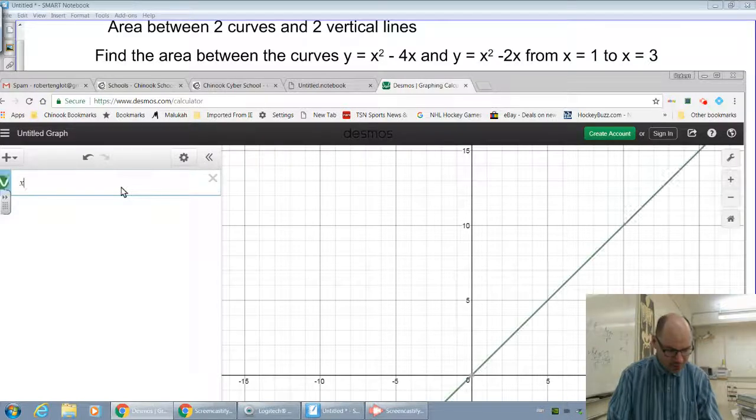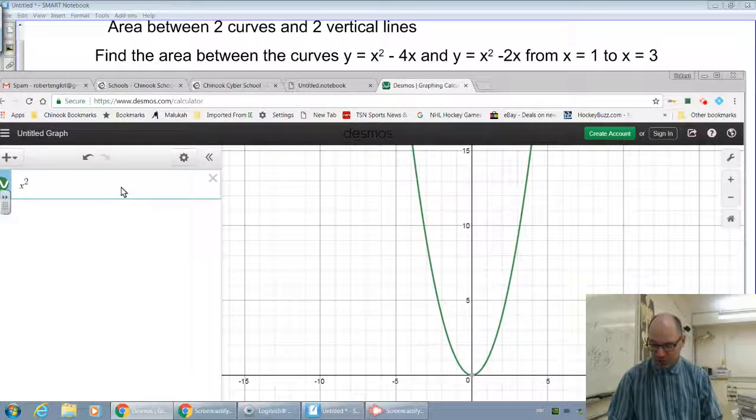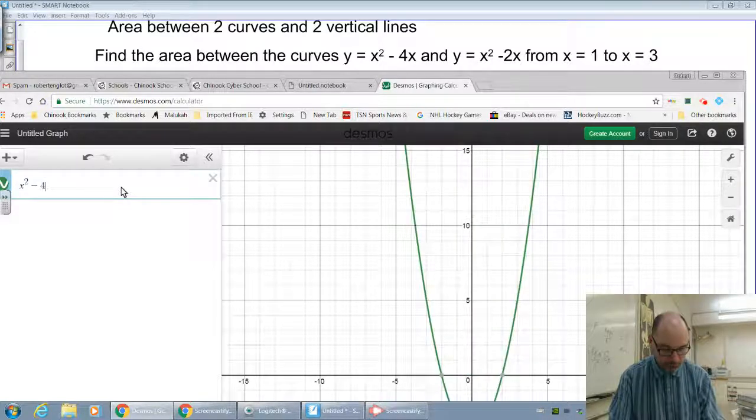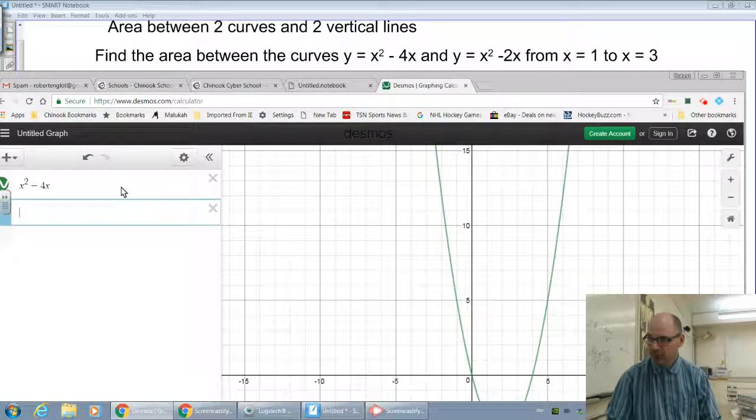Okay, x squared minus 4x. We're going to change our window a little bit. Okay, and x squared minus 2x.